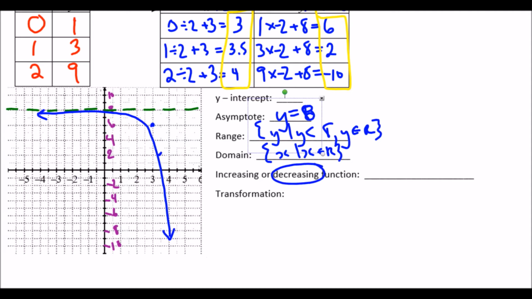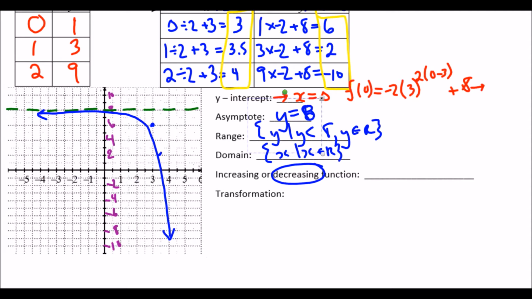Now, y-intercept, Mr. Wills, you left that one. Yes, I did, because this is going to be a bit tricky. For any y-intercept, x is always equal to 0. So what do I do here? I'm going to set x equal to 0 and solve, so I'm going to find f at 0. So here I'm going to have -2 times 3 to the exponent of 2 times 0 minus 3, plus 8. Plug that in my calculator.